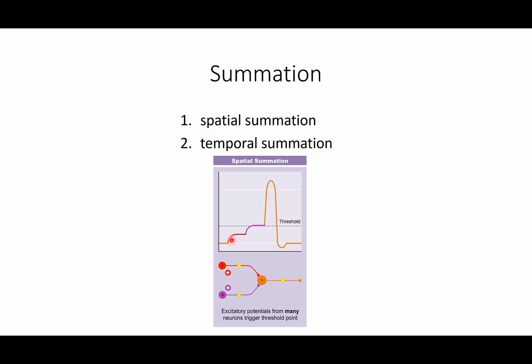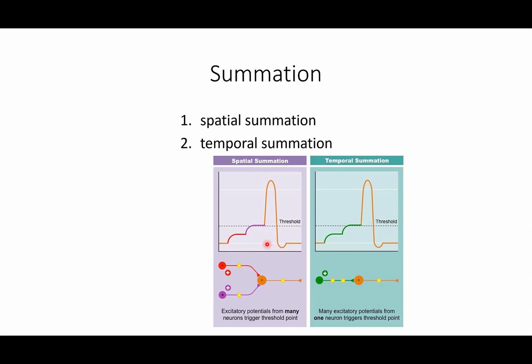You'll see that both of those are sub-threshold, but because they're being received from two different areas, and relatively at the same time, we can add them. They're additive. So they get added to each other, and they together are strong enough to trigger an action potential, whereas by themselves they would not. So this is spatial summation, coming from two areas but being received at pretty much the same time.